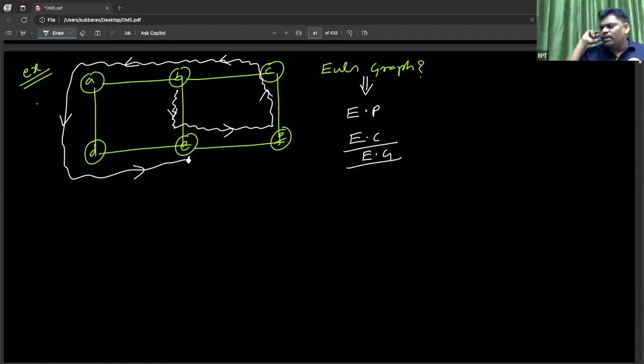Hamiltonian is related to vertex, and Euler is related to edge. Each one concentrates on one thing. Euler starts with E. I remember like this, and that is the reason I have remembered it all these days. You also remember like this. In the case of Euler, you don't bother about whether vertices are repeating or not.